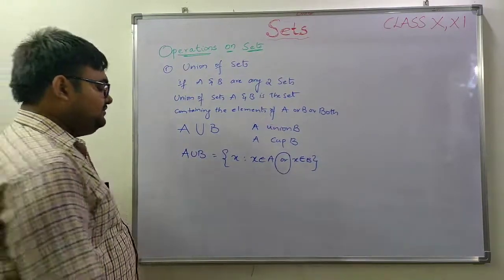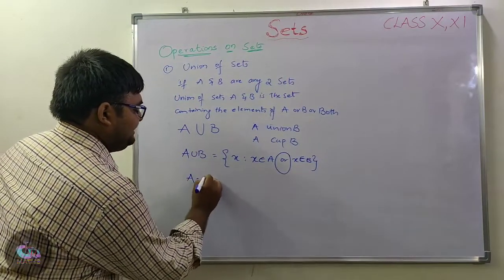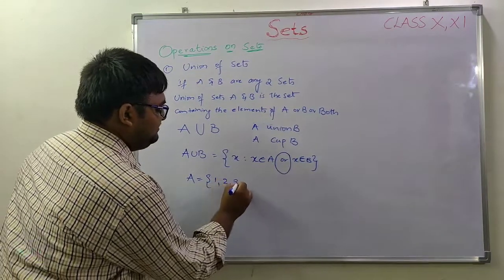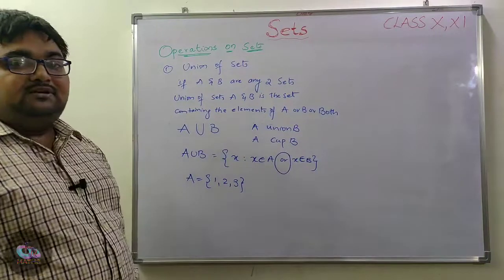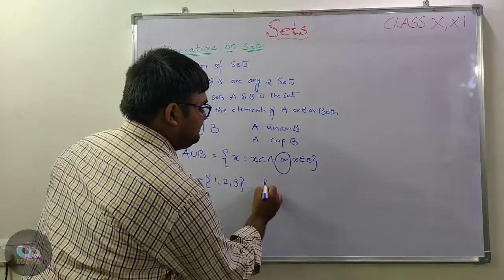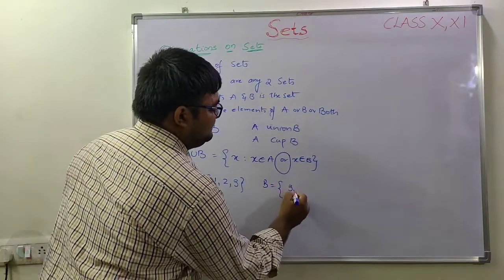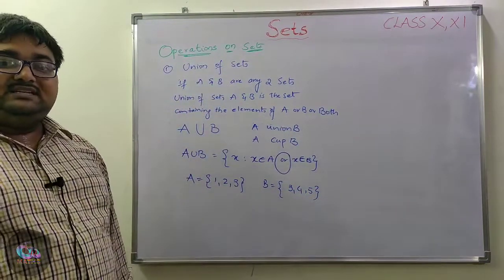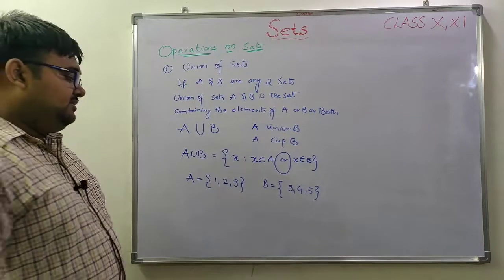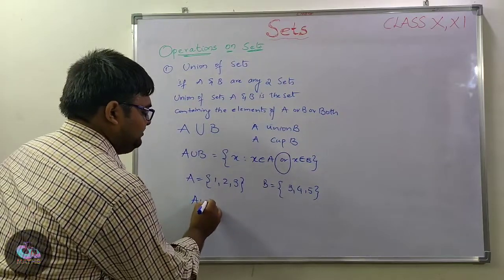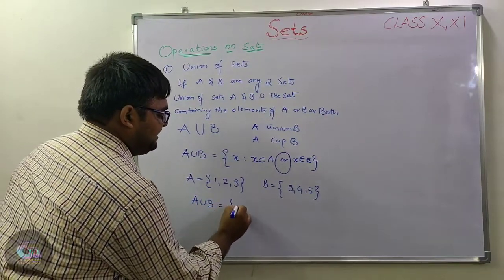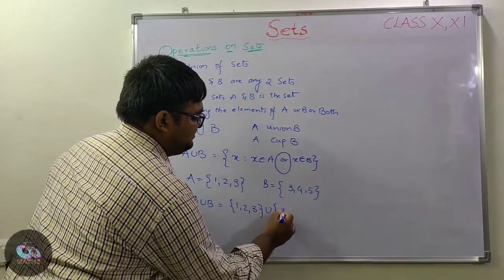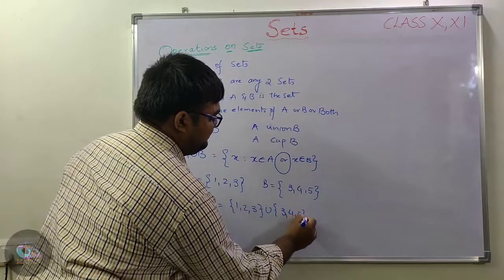For suppose if I take an example, there is a set A which contains the elements 1 2 3 and there is one more set B which contains the elements 3 4 5. Then this A union B is represented by set of 1 2 3 union set of 3 4 5.